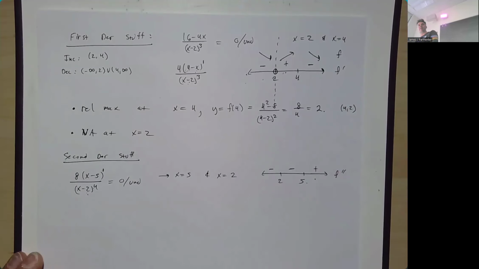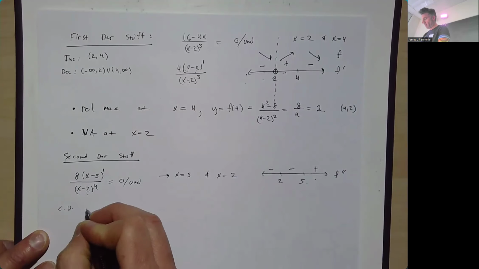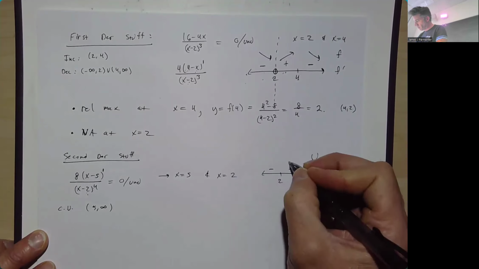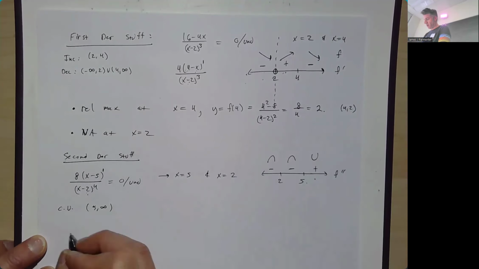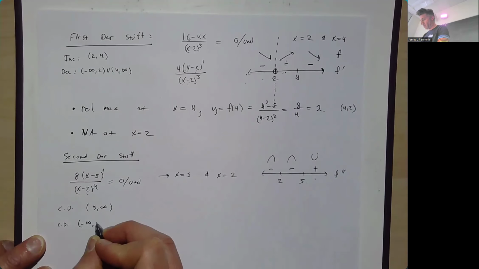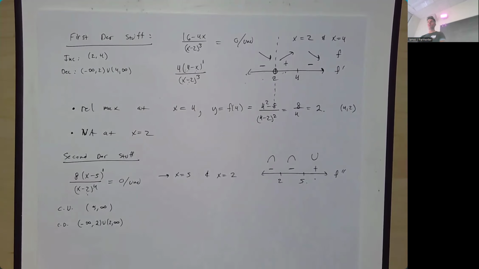If I was talking about concavity, I would say it's concave up on the interval from 5 to infinity. Maybe I should draw my little picture here. And it's concave down on the interval from negative infinity to 2 union 2 to infinity. We don't get to include the 2 there because the function's undefined at 2.